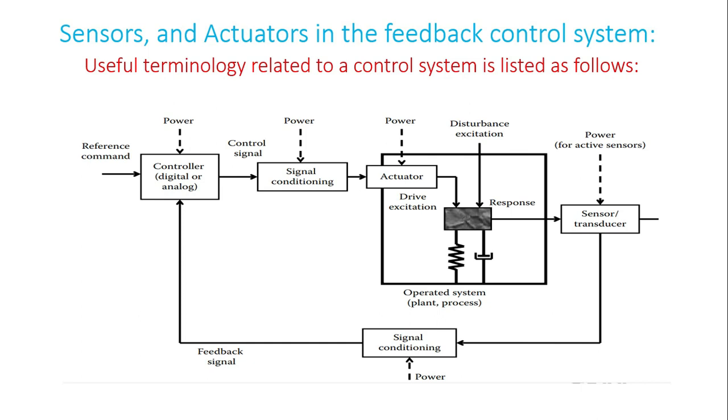The power will be used for signal conditioning, and then it comes to the actuator, where drive excitation and response will be calculated, operated by the plant process, where this area comes under the disturbance. Then this will be connected to the sensors or transducers, where based on the signal conditioning, the feedback will be calculated.